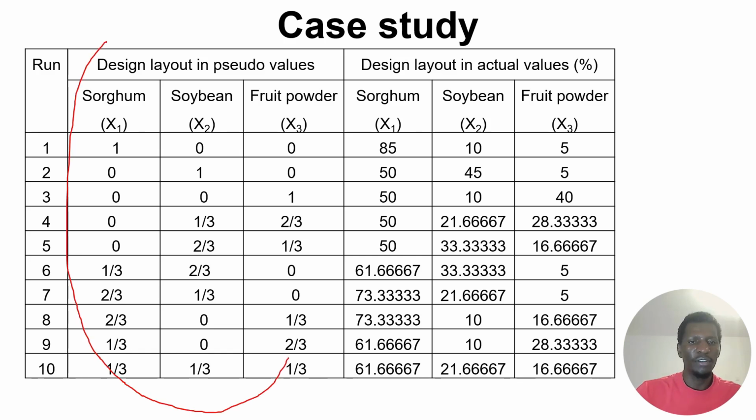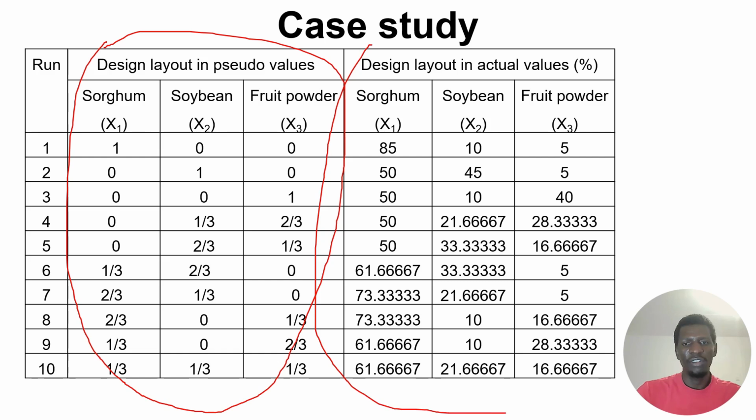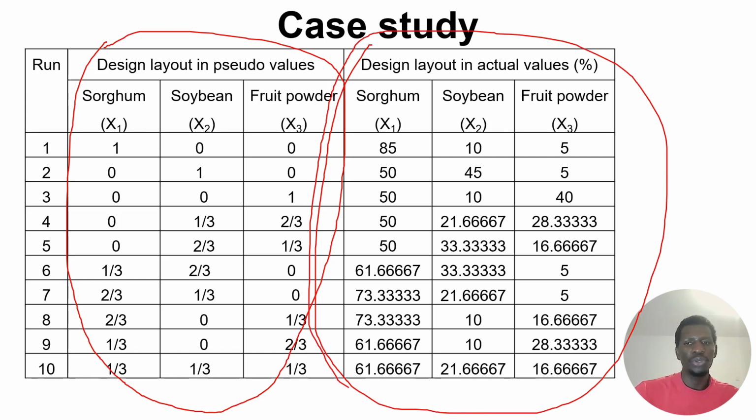The first series of values gives the experimental layout in their pseudo form, while the next series of values gives the experimental layout in the actual form. If we choose to have a sample having 100 grams, then 85 grams will be sorghum, 10 grams will be soybeans, and 5 grams will be fruit powder.